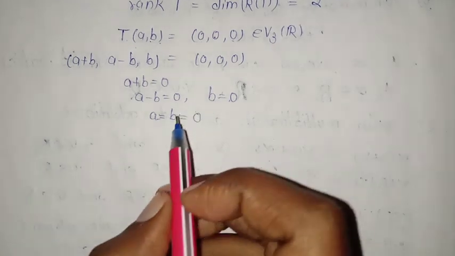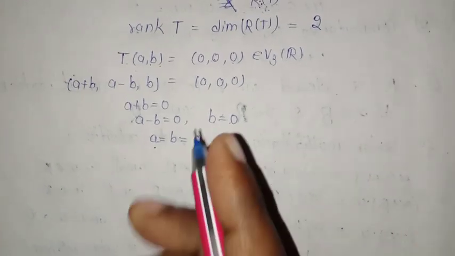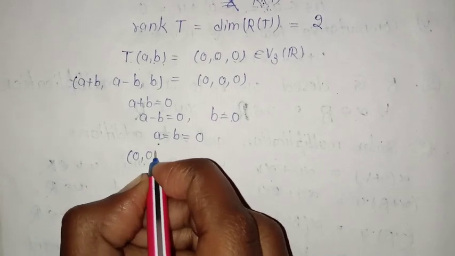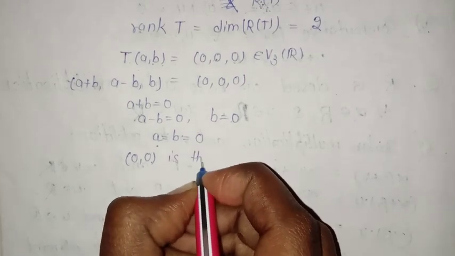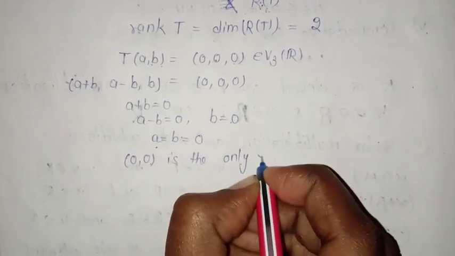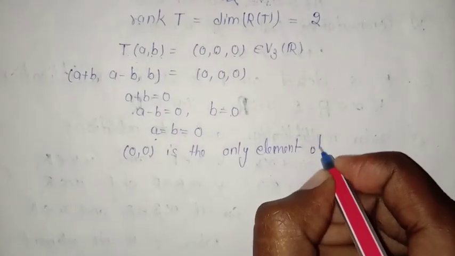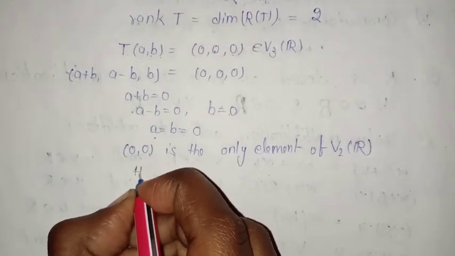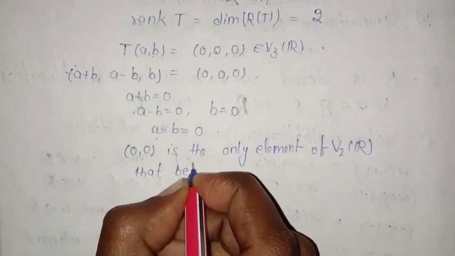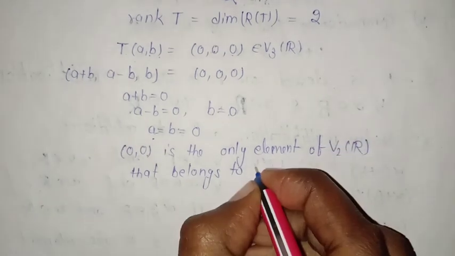So the only vector which is mapped onto the 0 vector of V3 over R is the 0 vector of V2 over R. So (0, 0) is the only element of V2 over R that belongs to the null space of T.